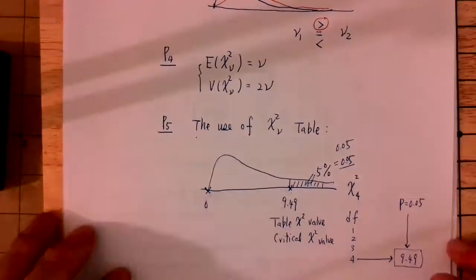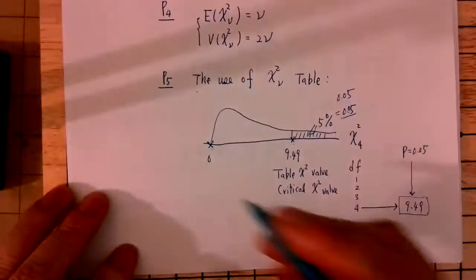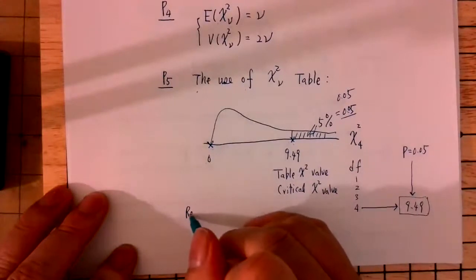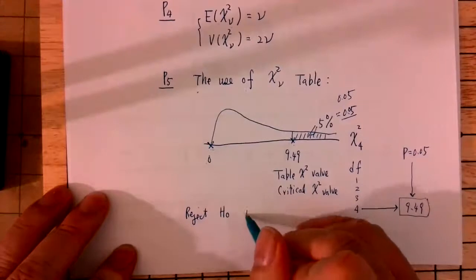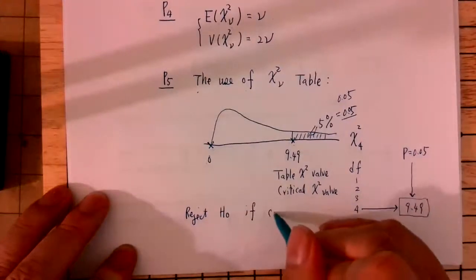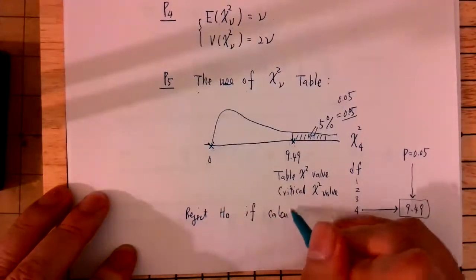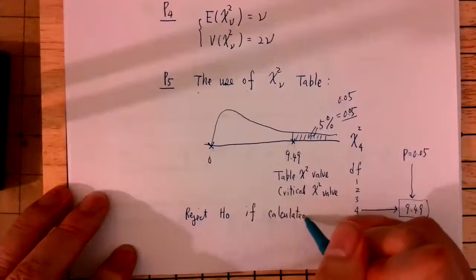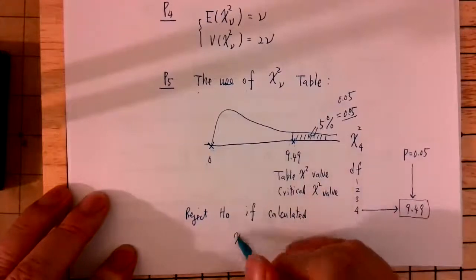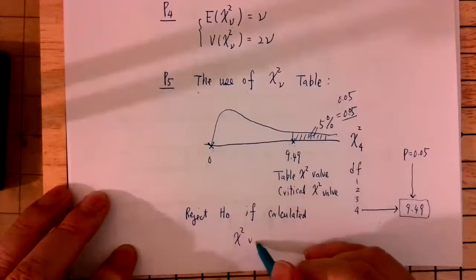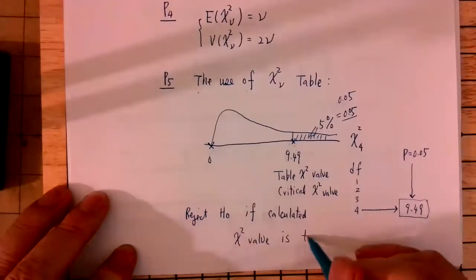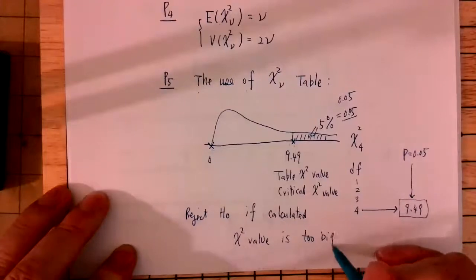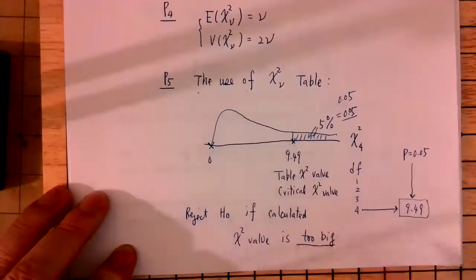So we are ready to come back to answer the question. We're going to reject H-naught if the calculated chi-square value is too big. But how big is big?